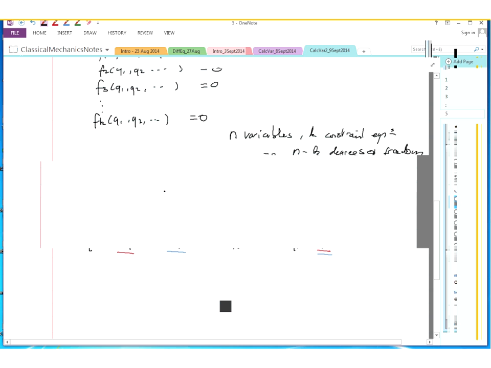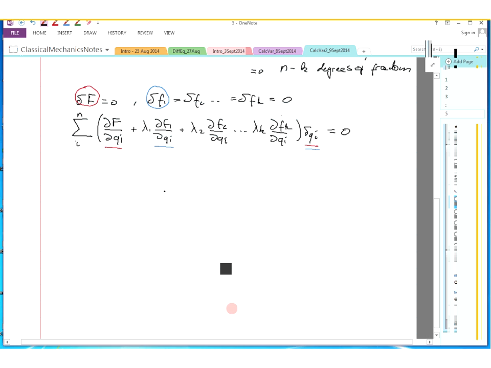Okay. So like I was saying, we just constructed the same thing we did before, except now we have k constraint equations, and so we introduced k lambda Lagrange multipliers. So again, we cannot vary the delta q's independently.